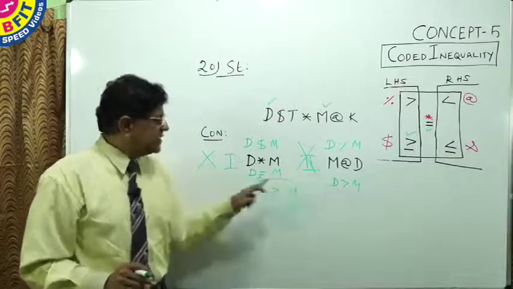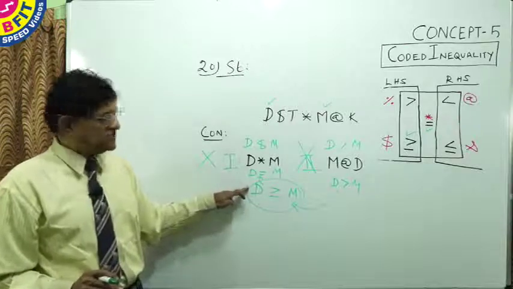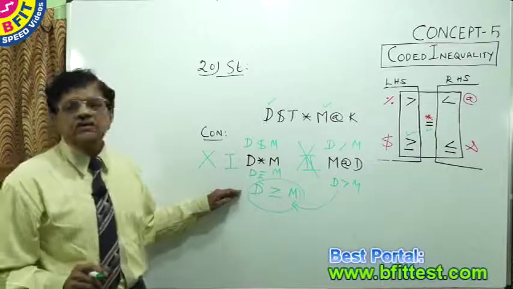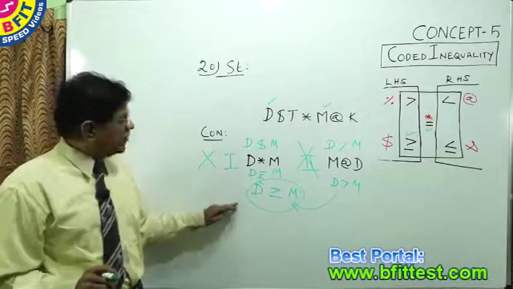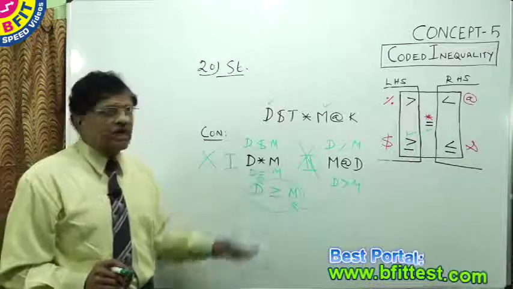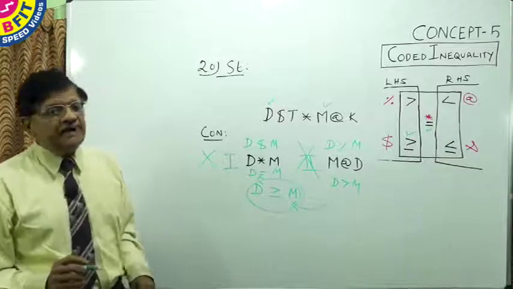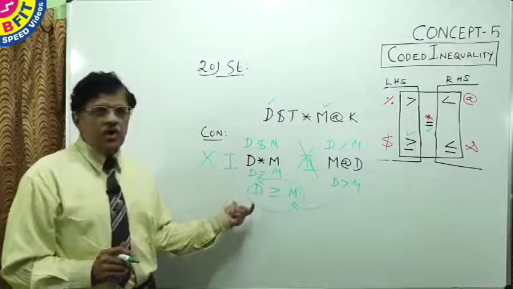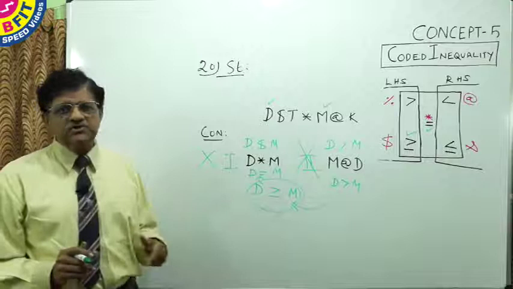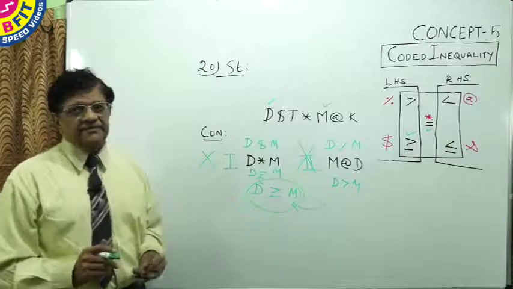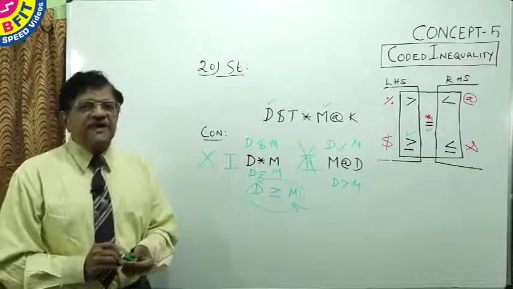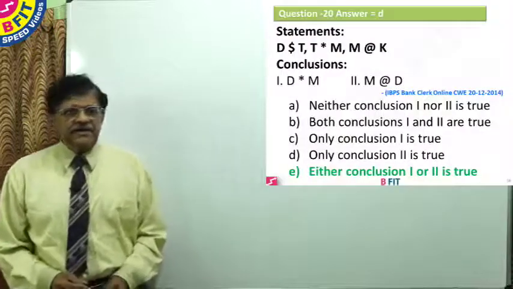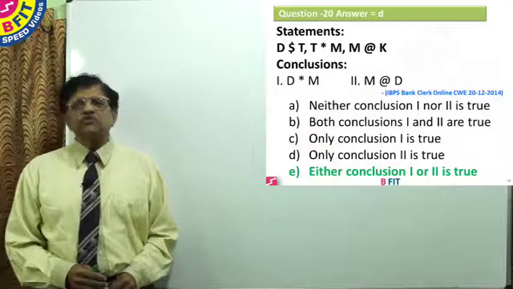If D is greater than M is true, D is equal to M is false. Therefore this is a classic case of complementary pair. So the conclusions 1 and 2 form a complementary pair. So either conclusion 1 is true or conclusion 2 is true. That is the correct answer. Let us verify on the answer slide. For question number 20, the correct answer is option E: either conclusion 1 or conclusion 2 is true.